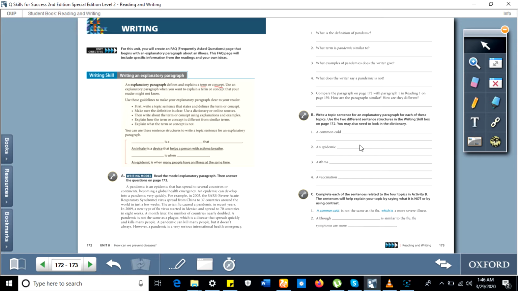So for example, here a common cold, that's how you can create a sentence: a common cold is a respiratory illness that is caused by a virus, right? Same like this to define what a common cold is. So it's a respiratory illness that is caused by a virus.